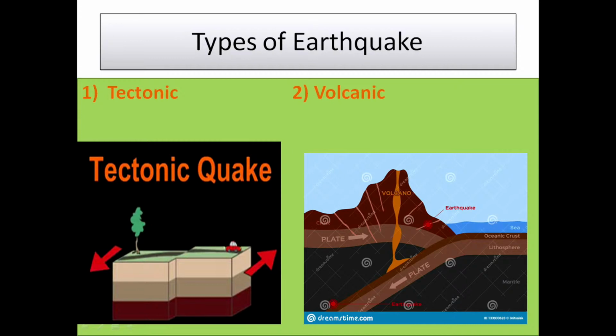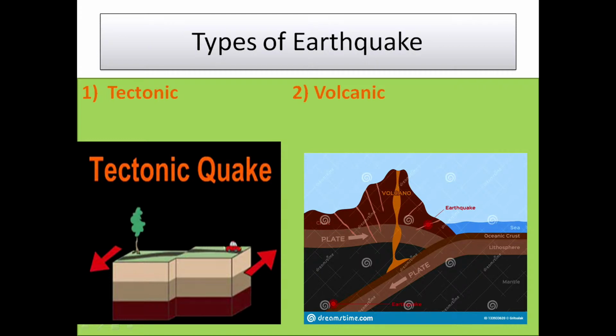But first, types of earthquake. One is the tectonic earthquake. These are natural earthquakes, where there is tension between two plates, and these plates release energy. Because of the movement of these plates, the tectonic earthquake comes. Whereas the volcanic earthquake: volcanoes bring magma, there is pressure inside, and gas is released.